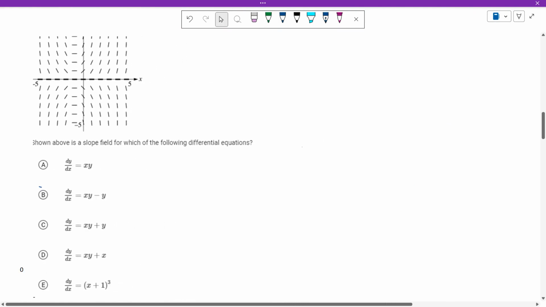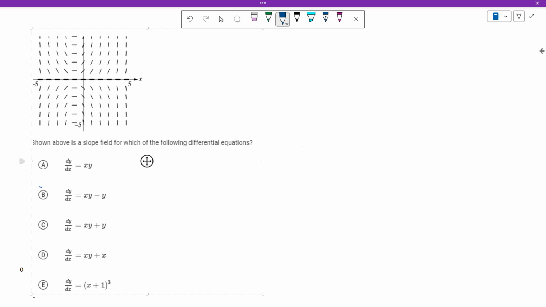Oh, which slope field would this thing be? What should we do? Well, if we put in numbers, it's horizontal all along here. So at 2, 0, 3, 0, all those it's horizontal. So that would be y over x. So if the slope here is 2 times 0, this one works there.